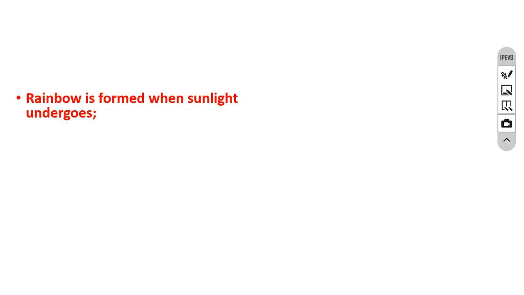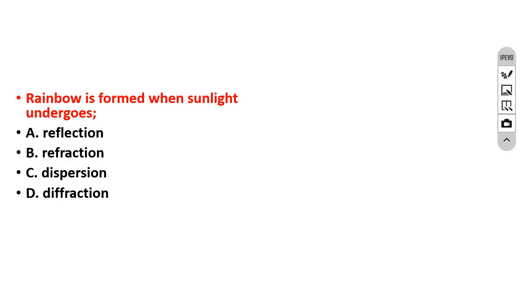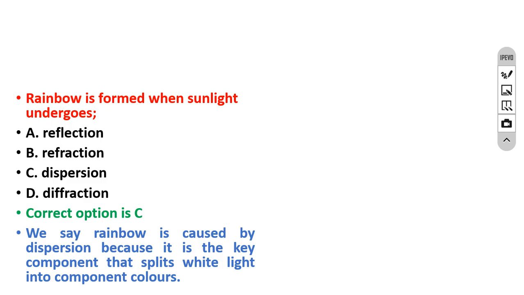Next question: a rainbow is formed when sunlight undergoes A. reflection, B. refraction, C. dispersion, and D. diffraction. The correct option is dispersion. How did we get dispersion? We say a rainbow is caused by dispersion because it is the key component that splits white light into component colors.